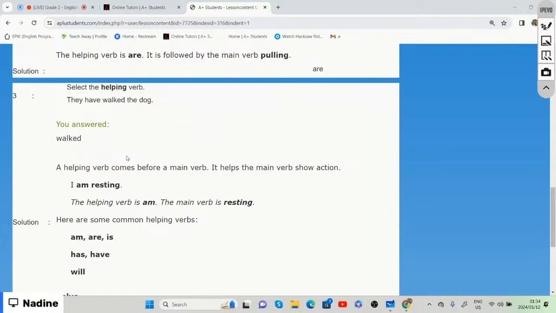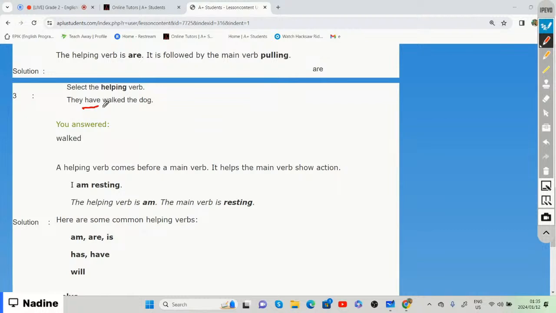If we select the helping verb, the helping verb is have, and our main verb is walked. So we see the helping verb is have and the main verb is walked.